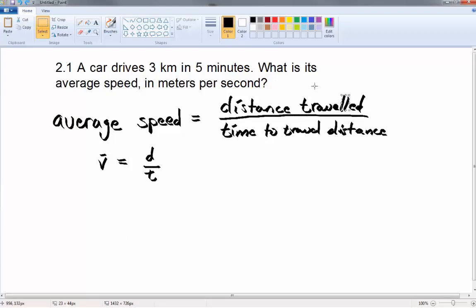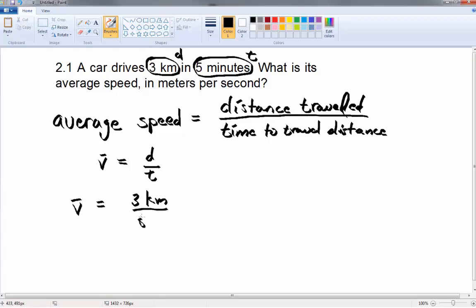And so what we basically need here is the distance which is traveled. That would be represented by this 3 kilometers. So d is 3 kilometers. T is 5 minutes. So we can write v is 3 kilometers divided by 5 minutes.